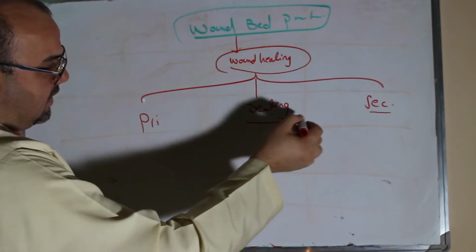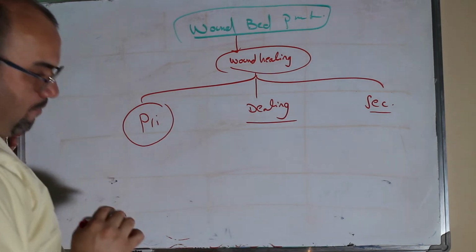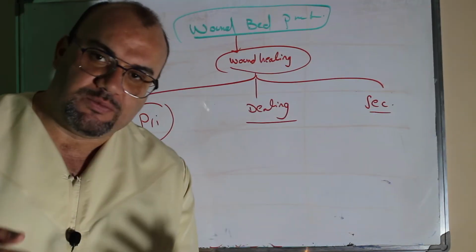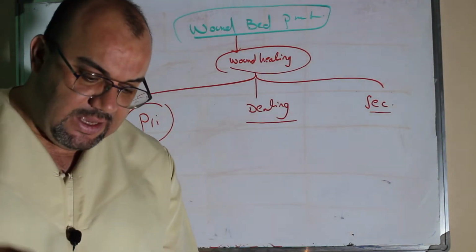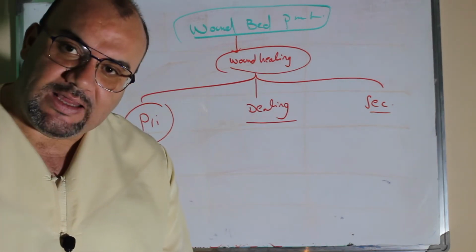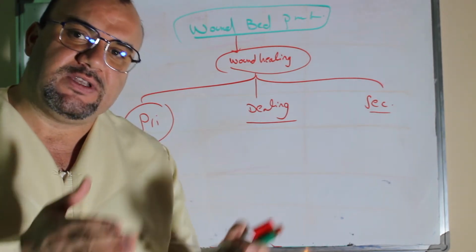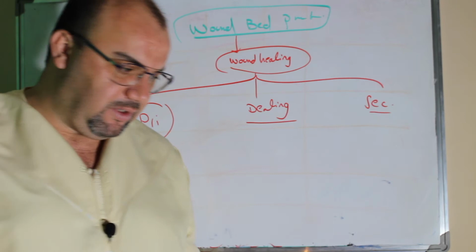procedure. Let's take the most simple and direct one, which is the primary: how wounds primarily heal. This healing procedure will help us understand where the problem happens that prevents normal wound healing from happening.